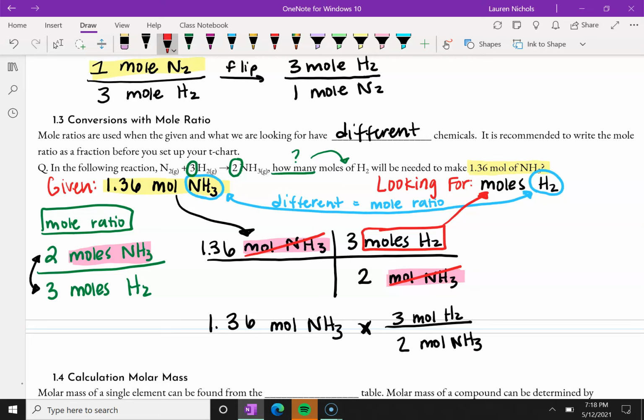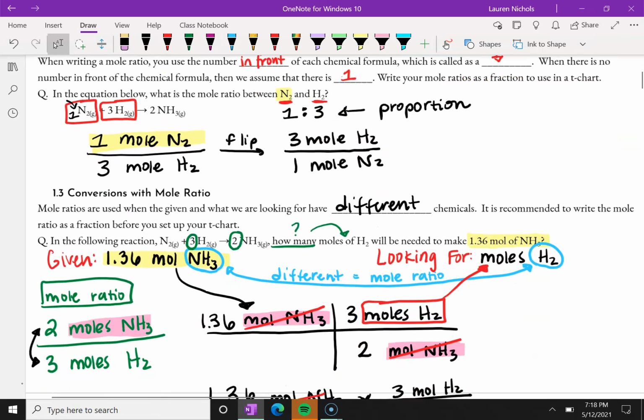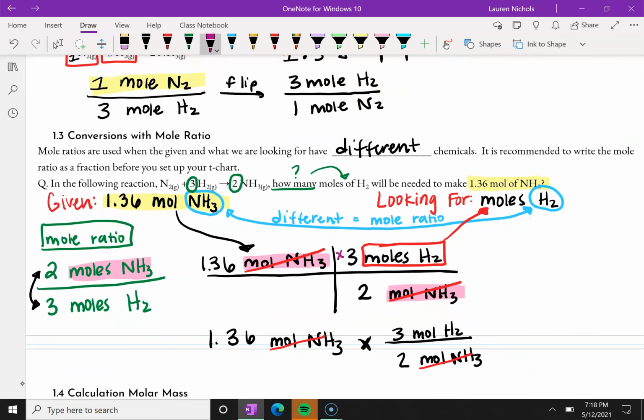That's the exact same thing, except instead of this X, I just put the T-chart like that. But we do the same sort of math. You always multiply by the numbers at the top and divide by the numbers at the bottom. That would be the same here. We would multiply by the 3 and divide by the 2.